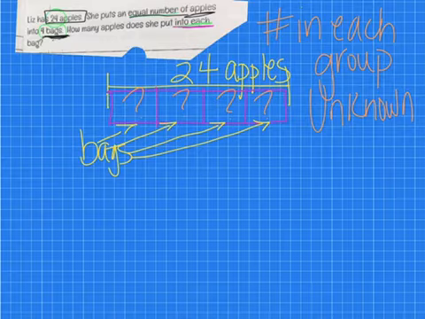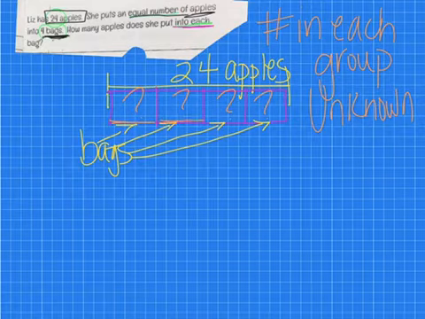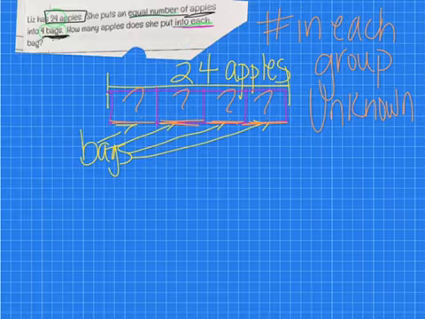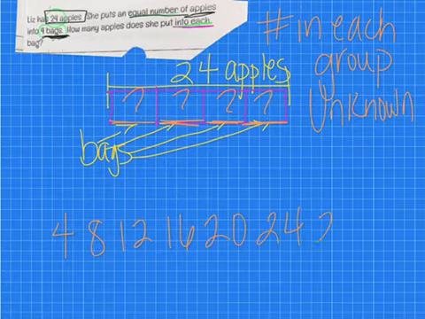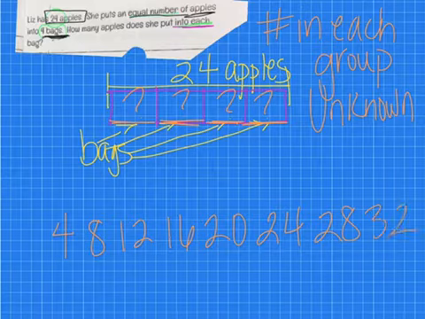So the way that I can solve this is I'm going to look at the number of groups I have. I have 1, 2, 3, 4 groups. So I'm going to begin by skip counting by 4. So let's skip count by 4. Okay, I'll stop there.